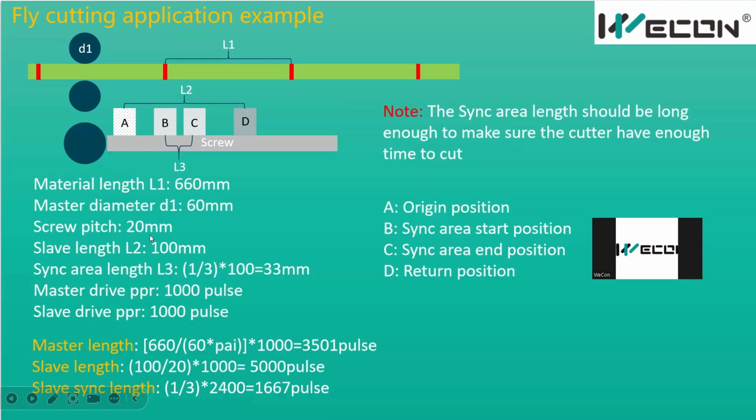So our slave sync length is 1,667 pulses.